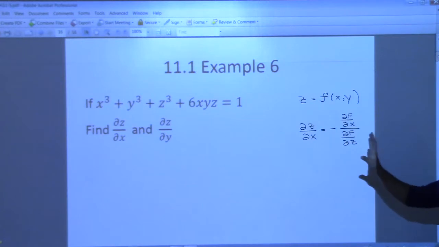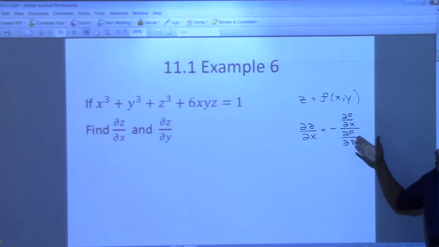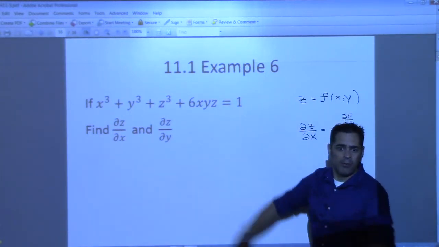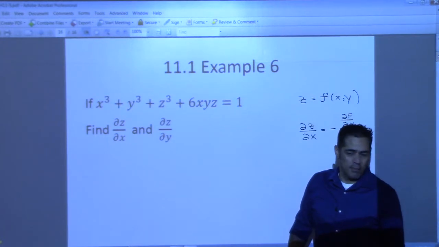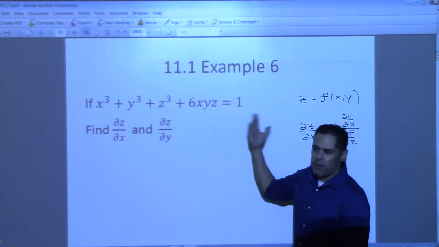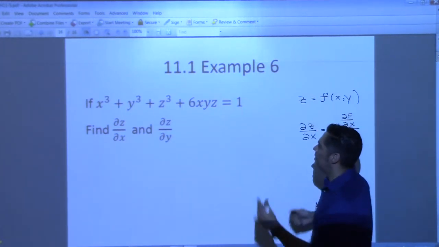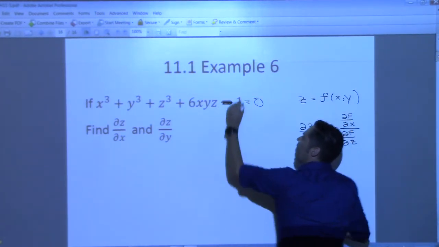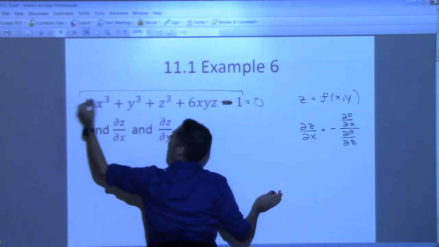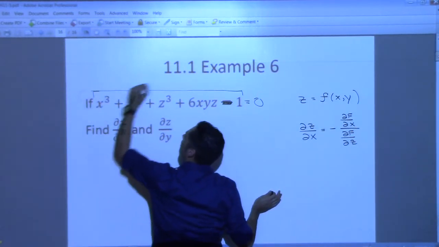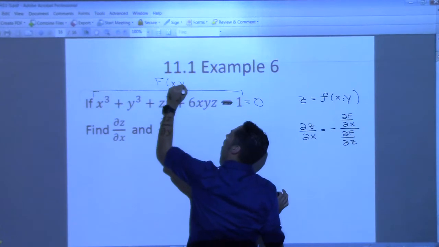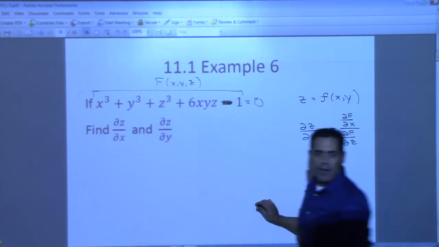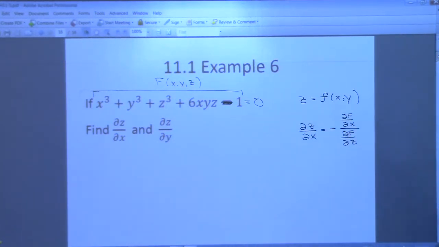All right, so first we need to figure out what the heck is capital F. It's this equation with everything moved to one side. So all we have to do is move that one over, and that's capital F. To make things easier for me, I'm going to put a minus sign and equals 0. That right there is capital F of x, y, z. Okay? Understand?